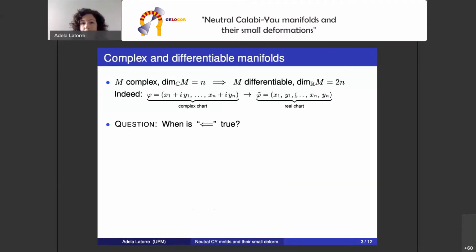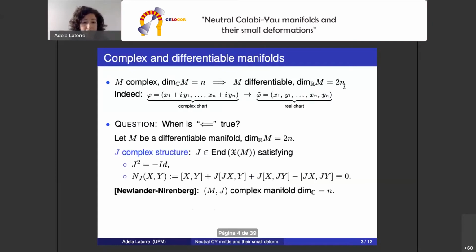So the natural question is what happens with the other implication. That is, once we have a differentiable manifold of even real dimension, when can we build up a complex manifold.